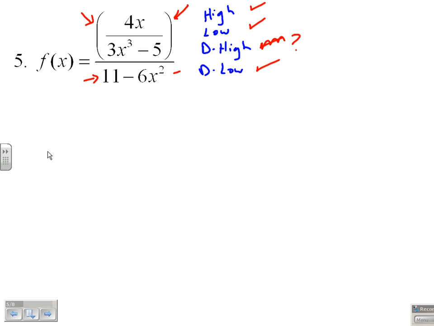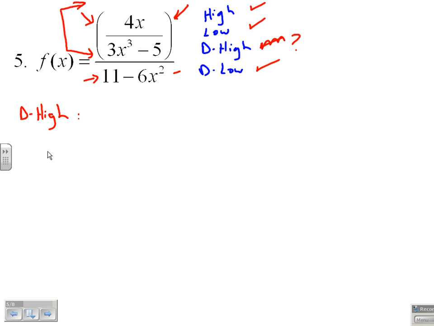So I think I'm going to organize this much like I did number 4. I'm going to start by just figuring out what d high is, because that is definitely our troublemaker. So here is d high. My derivative of high, I'm talking about my derivative of this guy right here, 4x over 3x cubed minus 5. Not so bad when I don't look at 11 minus 6x.